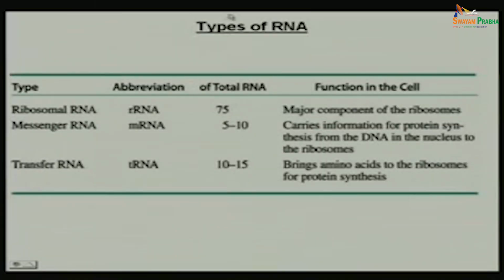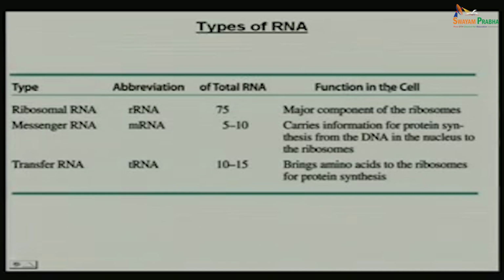Now, if we see the compositional variation of these three RNAs, ribosomal RNA or rRNA constitutes 75% of the total RNA present, whereas mRNA is 5 to 10% and tRNA is 10 to 15% of the total RNA which is present.